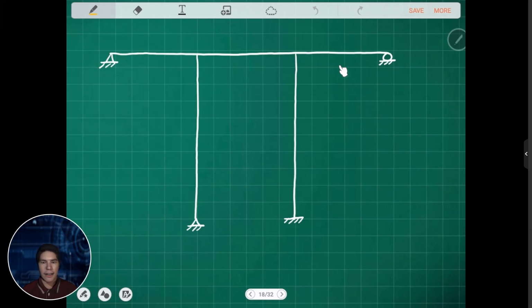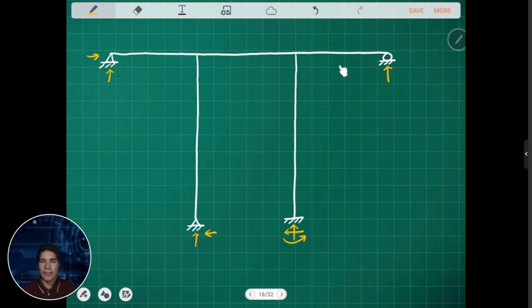So again, the formula that we're going to use for frames is the internal indeterminacy. So you will just need to count the number of reactions. For pin support, we have two reactions. And then we have roller support.